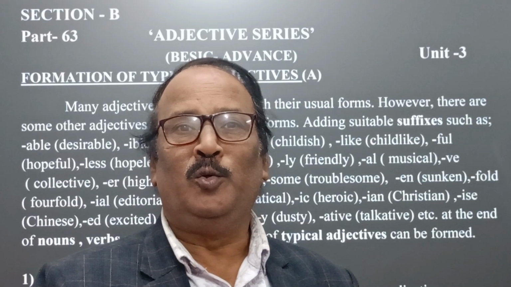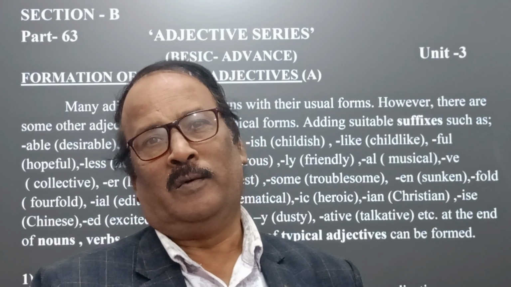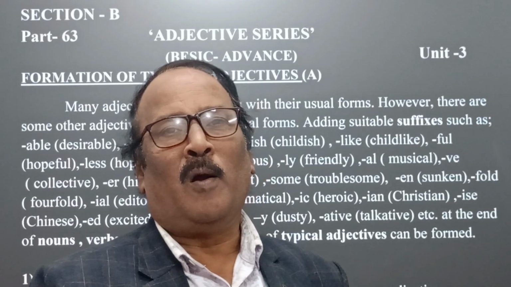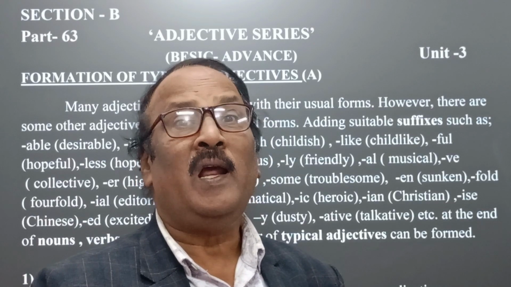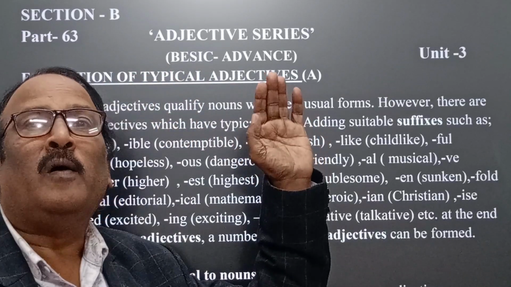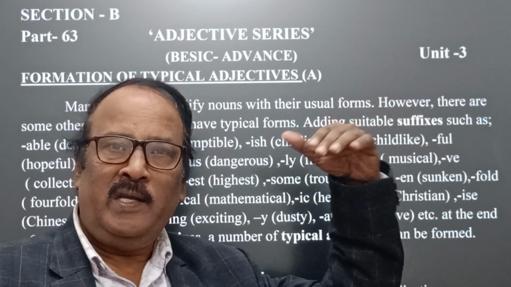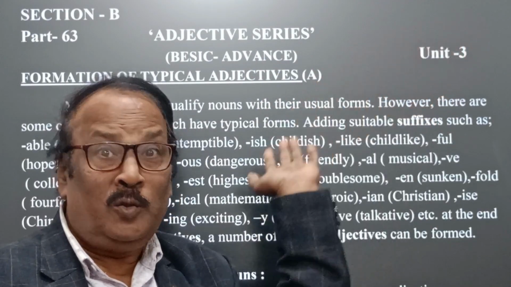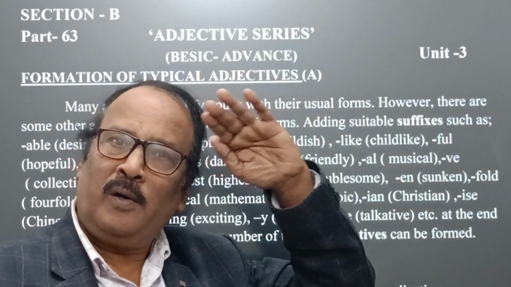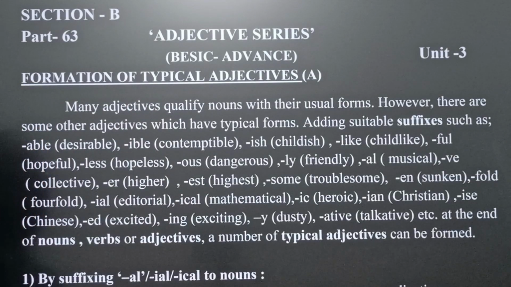Therefore, students should know a lot of adjectives of different types so that they can feel comfortable at the time of their expression. Okay, this is made for the secondary, higher secondary, and also the juniors side by side, the advanced learners. Okay, formation of typical adjectives.